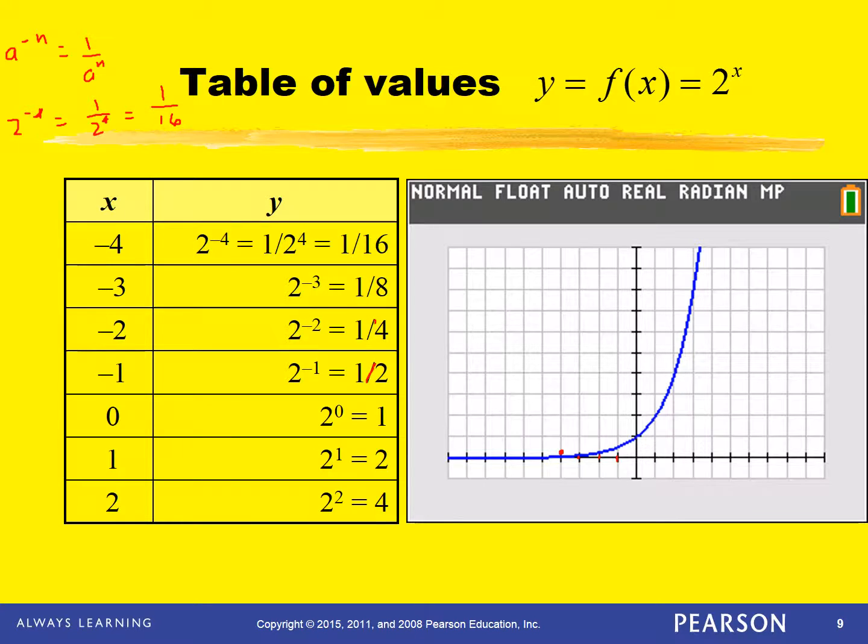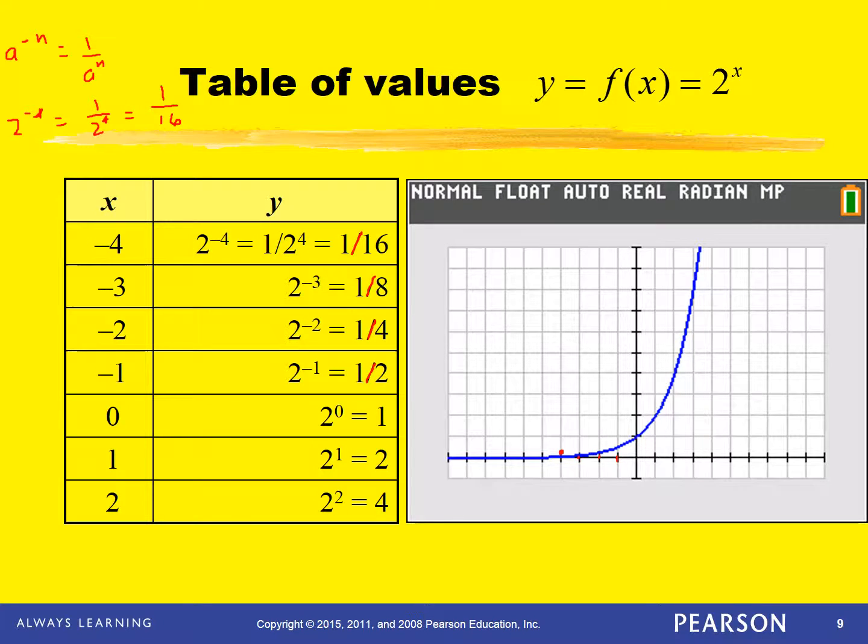Imagine your pizza getting cut in half as double the number of people keep walking into the room wanting some pizza. A half of a half, a half of a half of a half, a half of a half of a half of a half. And that's that -4, 1/16 that we were talking about.